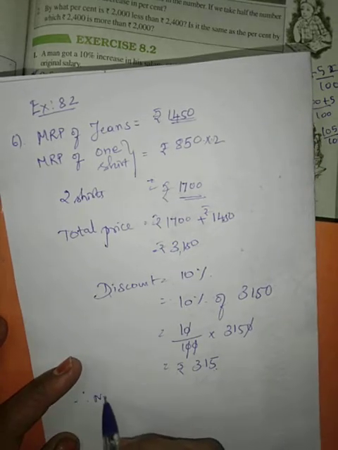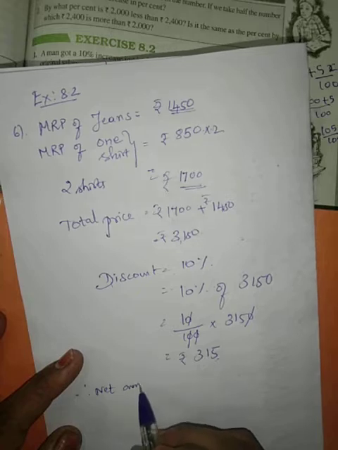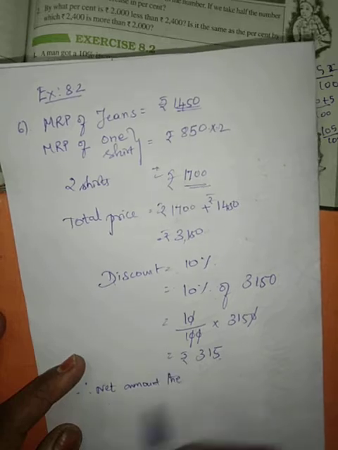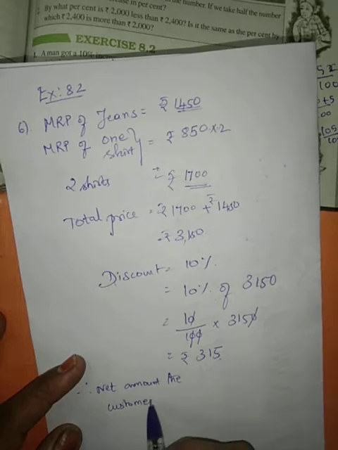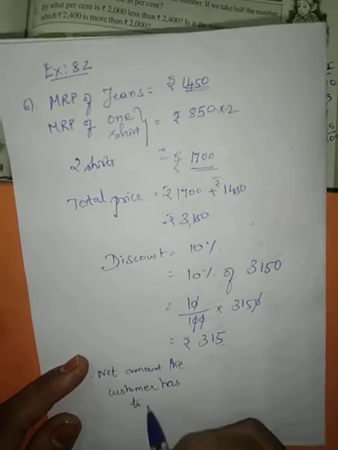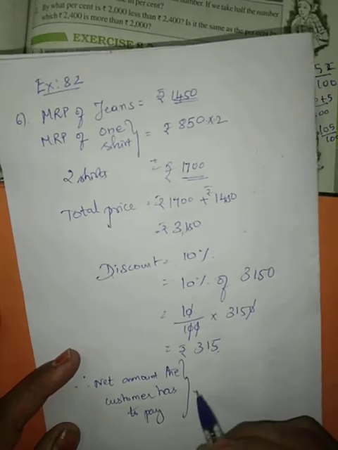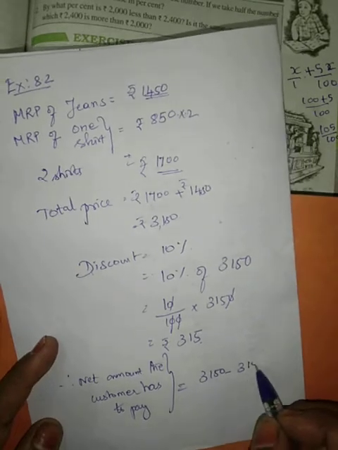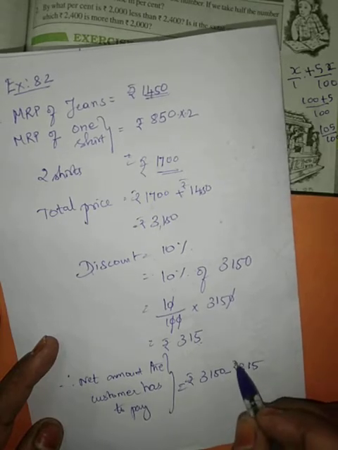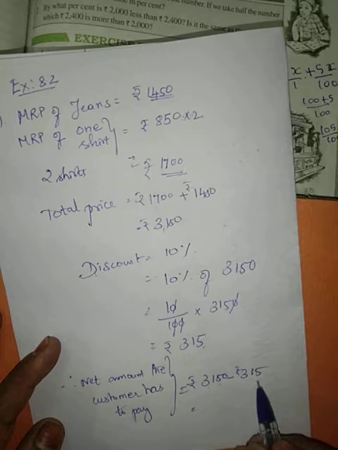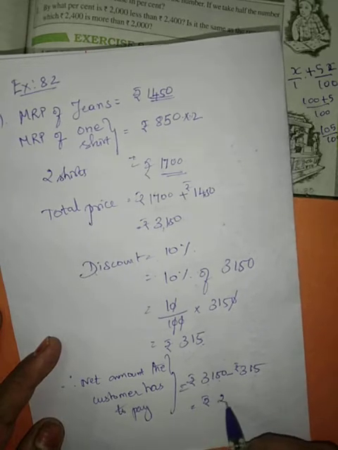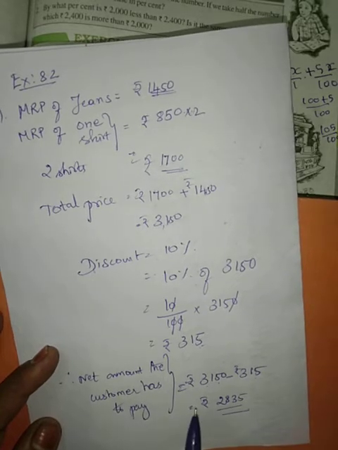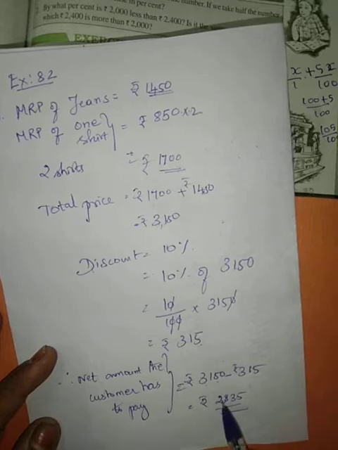So therefore the net amount, that is, after subtracting the discount amount, the net amount the customer has to pay is equal to 3150 rupees subtracted by 315. Now 3150 minus 315 is equal to 2835 rupees. So the customer has to pay rupees 2835.